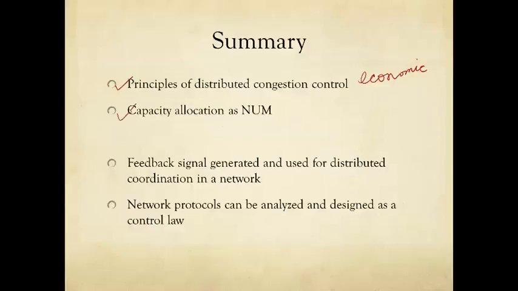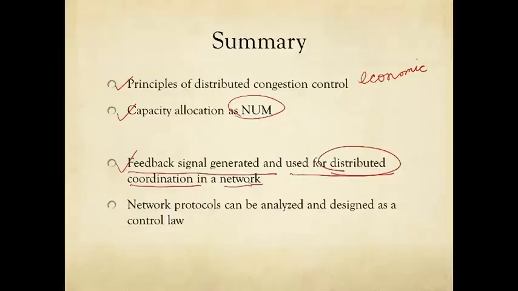Then we looked at the mathematics of capacity allocation, formulated as an optimization problem and solved distributively. But equally important are the messages in the big picture. One is that the feedback signals can be generated and then used for distributed coordination in a network. In this case, it is the Internet.